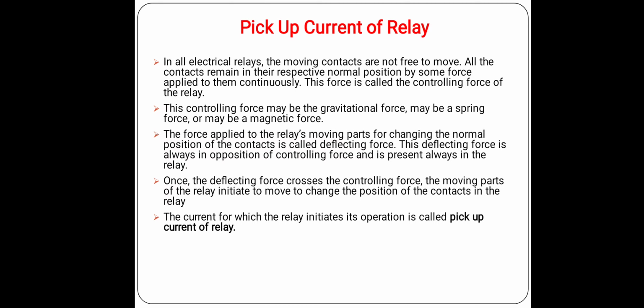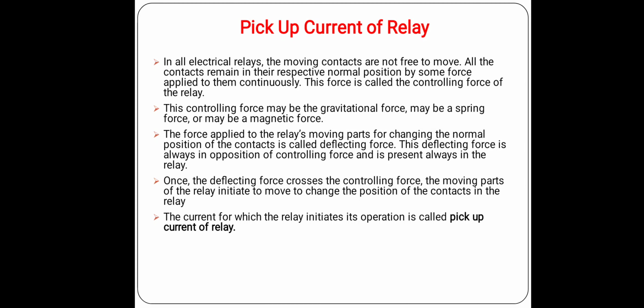Once the deflecting force crosses the controlling force, the moving parts of the relay start to move and change the position of the contacts. This change of position is due to the current increasing with respect to the preset value of the current.